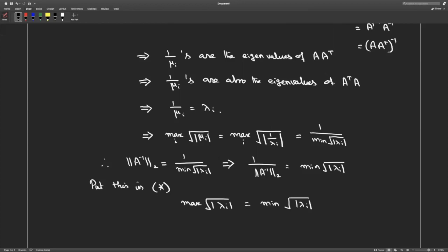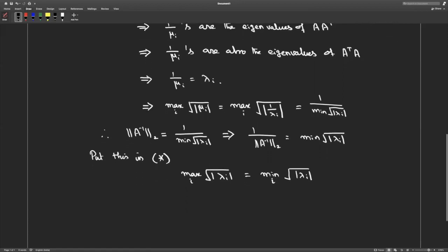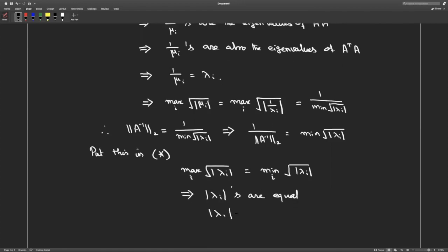So the maximum and minimum are taken over all i equal to 1 to n, right? This implies that mod lambda i are equal. That means mod lambda 1 is equal to mod lambda 2 is equal to, and so on, mod lambda n.